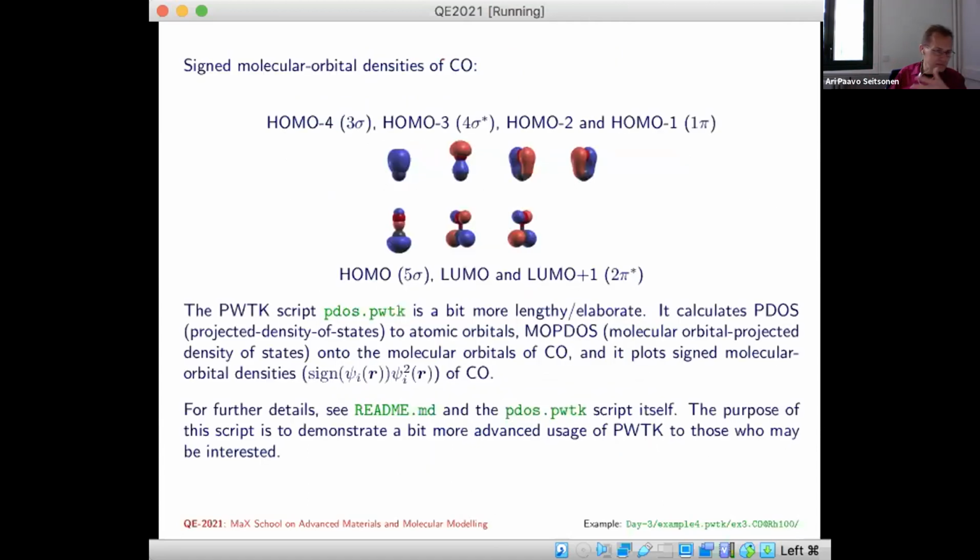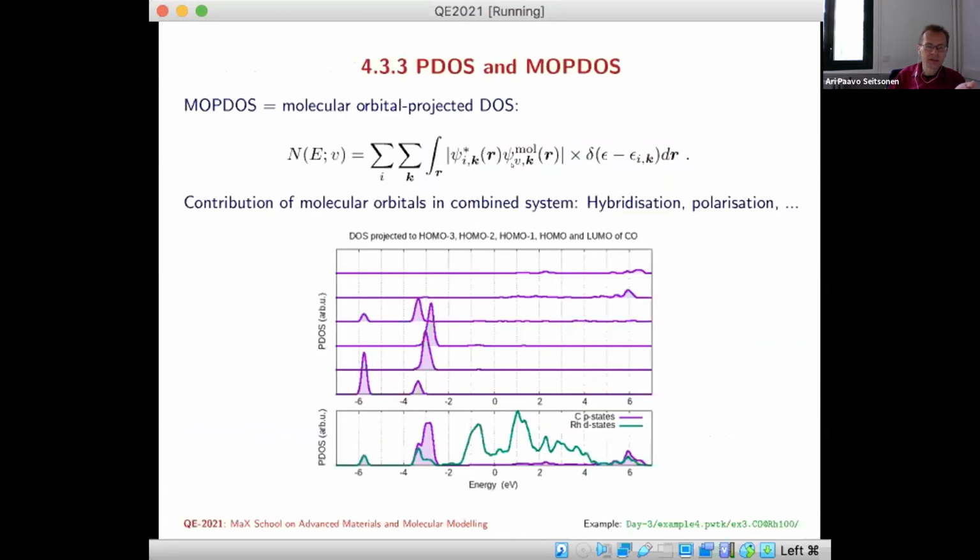And then these are the molecular orbitals of the carbon monoxide. So this is the adsorbate. And so the projection here, these are the different orbitals. For each orbital, you would get its own graph, and they all depend on the energy. So for each orbital, you have this curve as a function of energy.